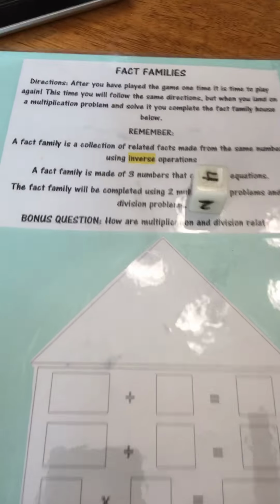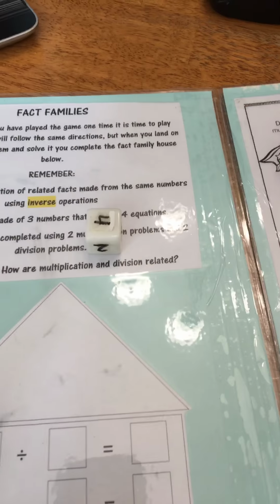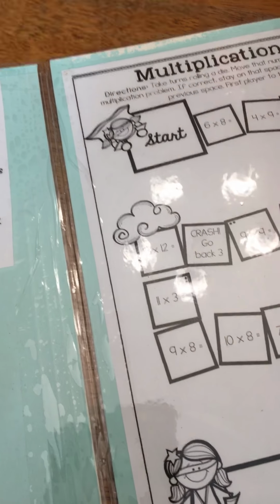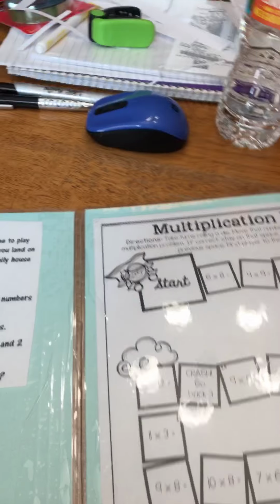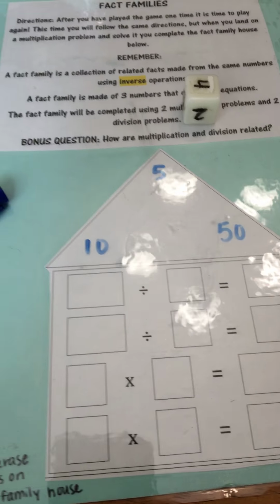So students would roll the die and land on 4. So if you had your pawn at start, you would go 1, 2, 3, 4. The student landed on 5 times 10. So the student would plug that into the chart here. Students would solve out here.